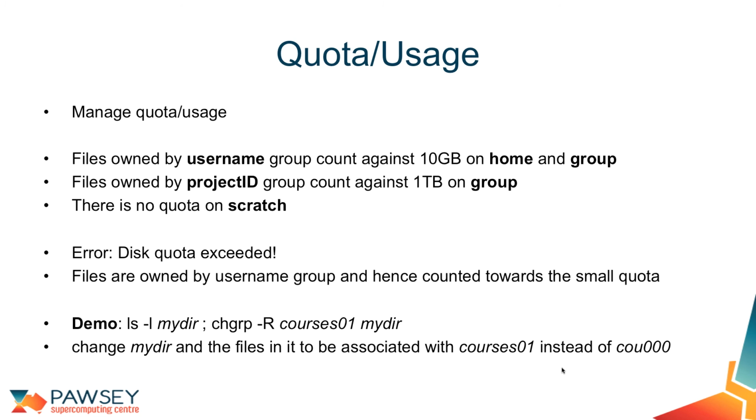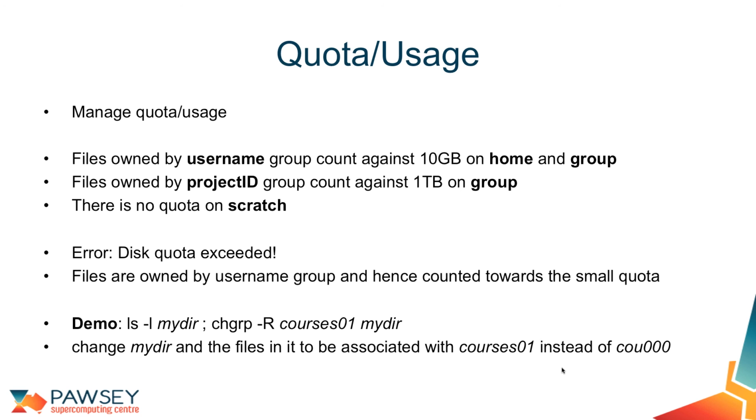Files associated with your username group are counted towards the per-user limit, 10 gigs, and files with your project group are counted towards the project quota, which is 1 terabyte by default. Sometimes you may encounter this error, disk quota exceeded. This may be caused by you actually going over your limit or by you accidentally associating files with the wrong group.